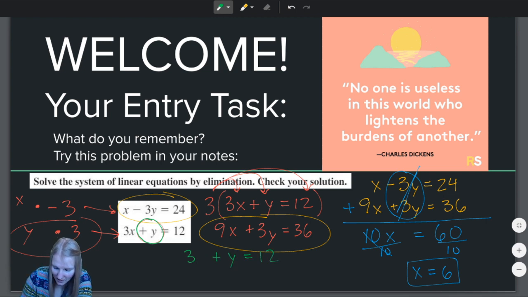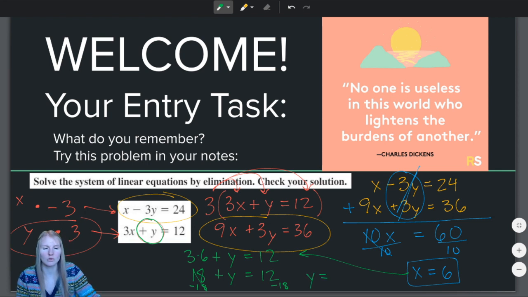But I know that x is 6. So I have 3 times 6. That gives me 18 plus y equals 12. And if I subtract 18 on both sides, I get y equals 12 minus 18, which is -6.